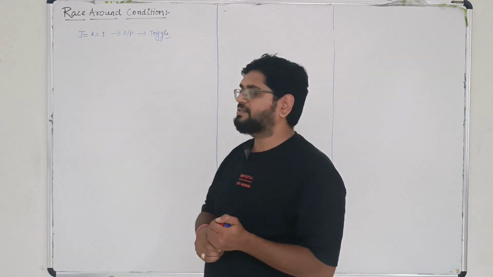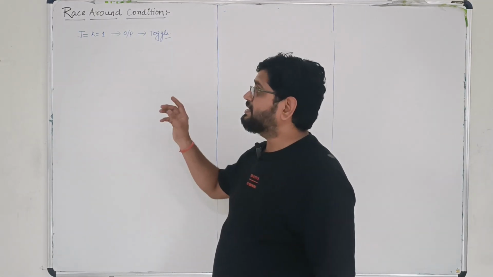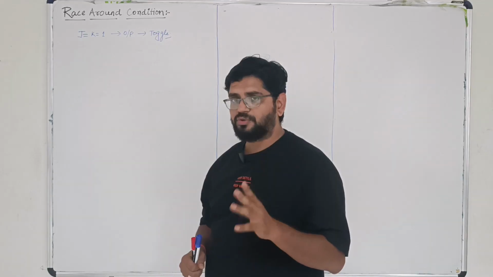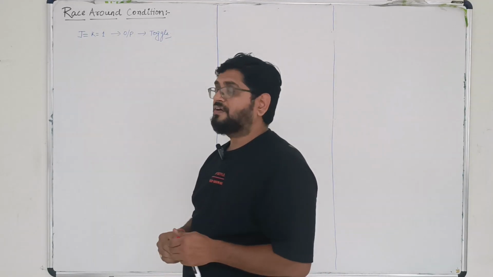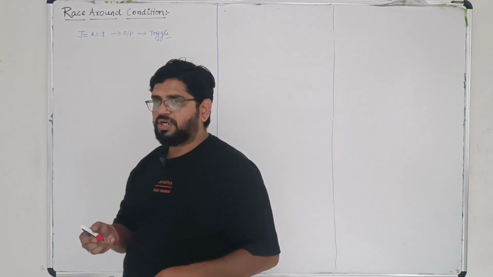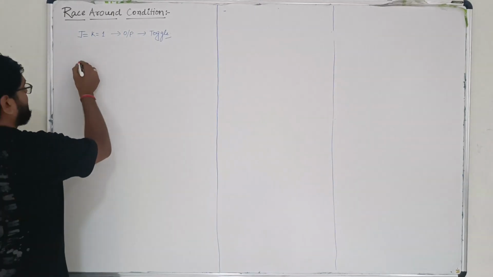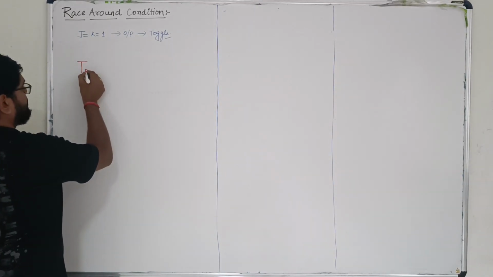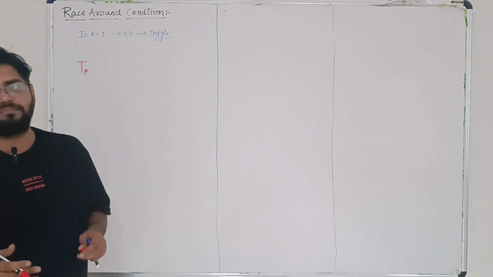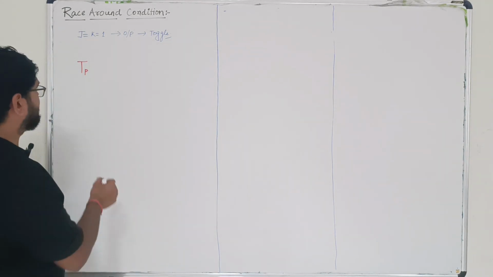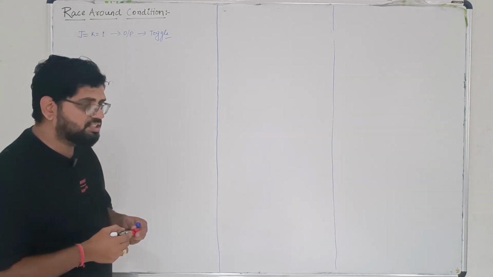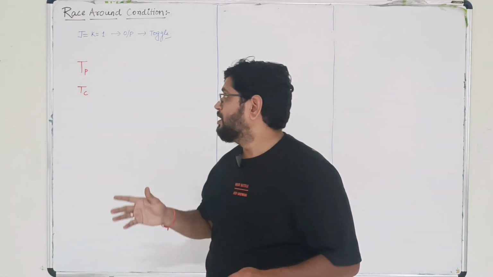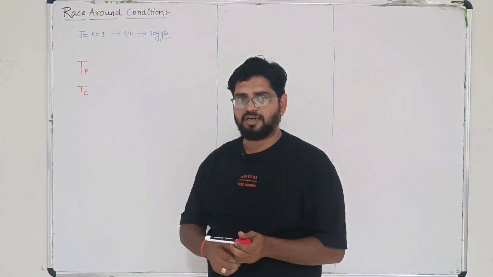It is going to play a very vital role. Two quantities are vital in the explanation of race around condition. One is propagation time, which I am calling TP, and the other is the time period of the clock signal, which I am calling TC, the clock time period.